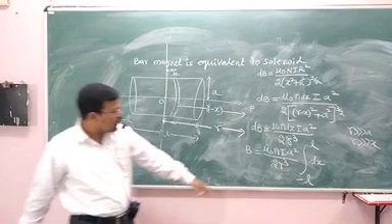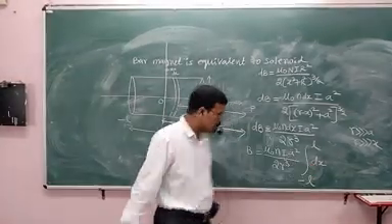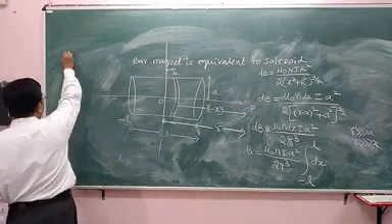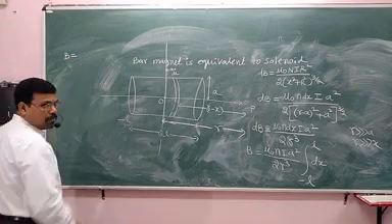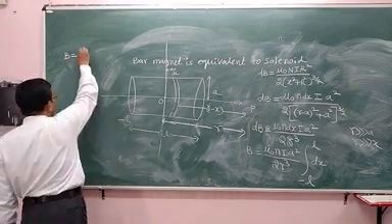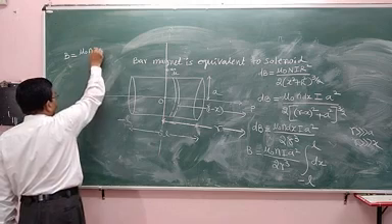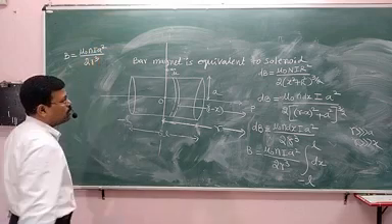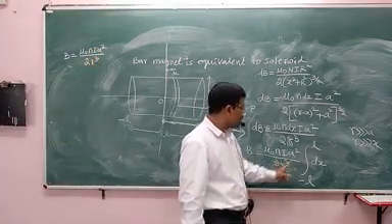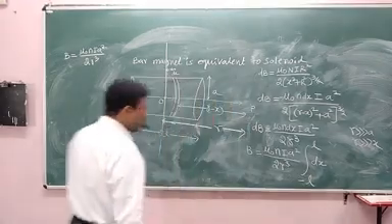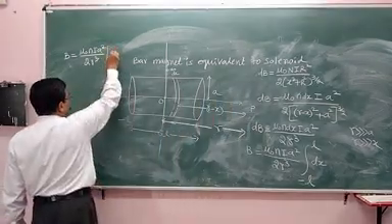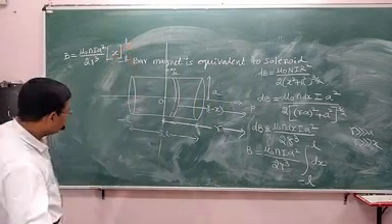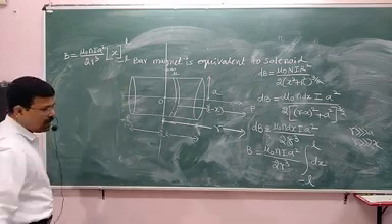All these terms are contributing their magnetic field at this point. Now, as we know that integration of dx is x, I will write this equation as B is equal to mu naught n I a square divided by 2r cube, integration of dx is x, and limits are from minus L to plus L. Fine.